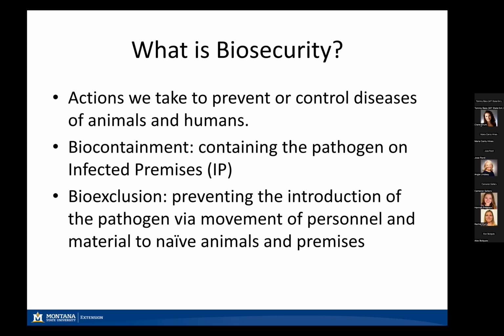So this is a known farm with the disease, and we don't want that disease to leave that farm. And then bioexclusion is preventing the introduction of the pathogen to a farm that is uninfected and what we would call naive animals. They have not been exposed to that disease. So containment, keeping it on the infected farm; bioexclusion, keeping it out of uninfected farms.